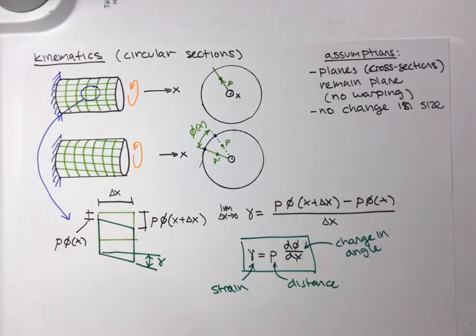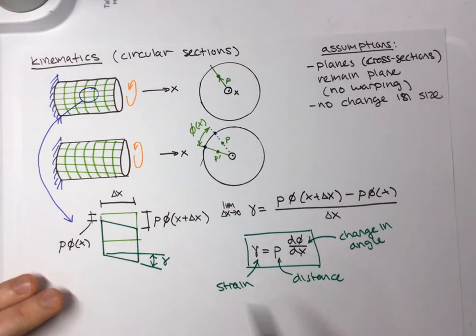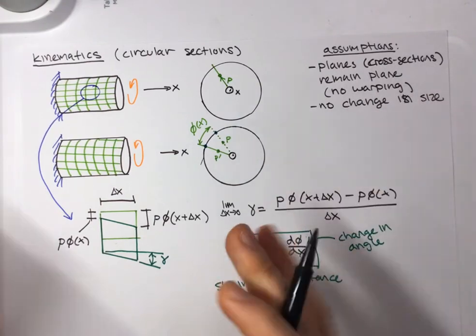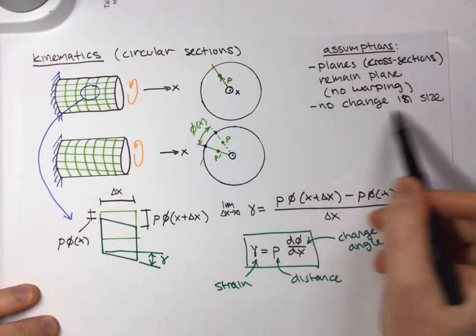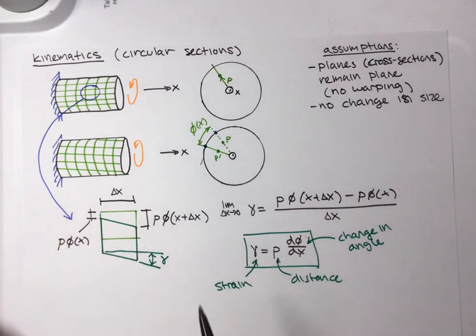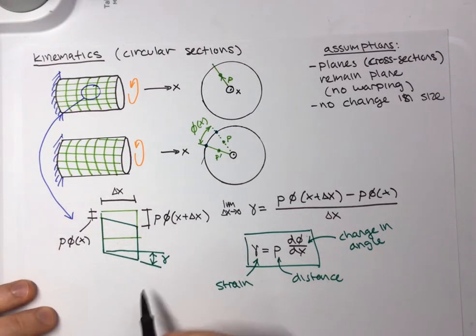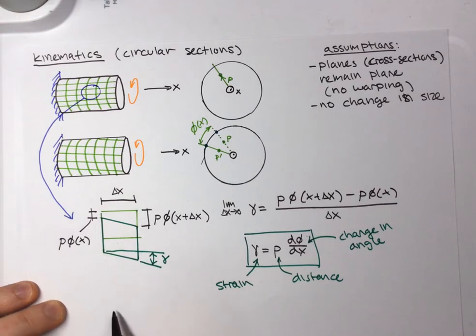And the only key that we want to point out here is that our assumptions are that our cross sections remain plane, we don't get any warping, and we don't have any change in the size of our cross sections. That's good for circular sections.